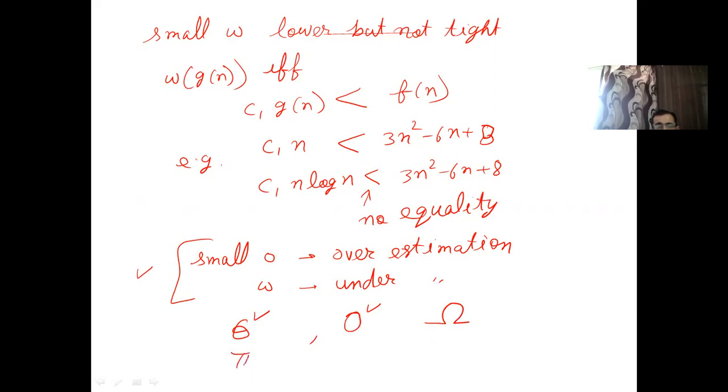Then there is a theorem given in the book, theorem, let me just see the number, 3.10. So you must read from the book the theorem 3.10 and revise that and make conceptual and theoretical understanding also sound about this in various discussions, especially in the interviews when asymptotic notations are discussed.